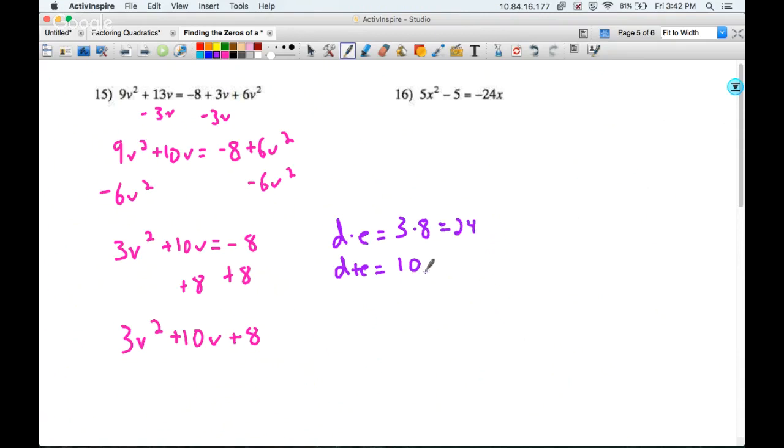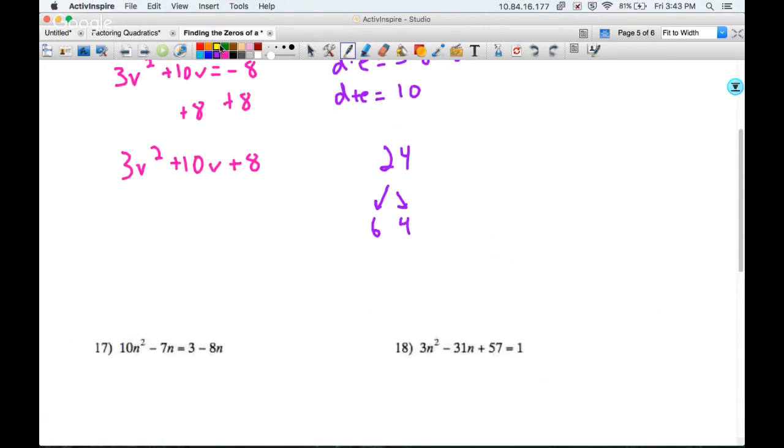So I'm looking for factors of 24 that add up to be 10. Those are going to be, it's not 12 and 2. It is 6 and 4. So 24 is 6 and 4. And those also add up to be 10.